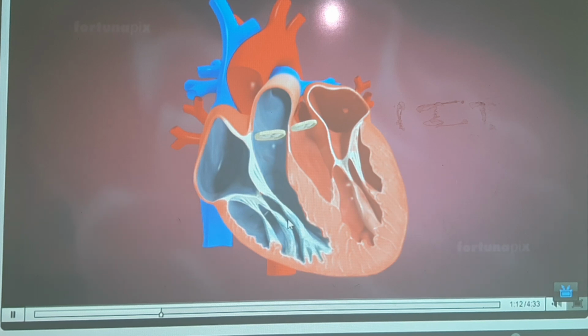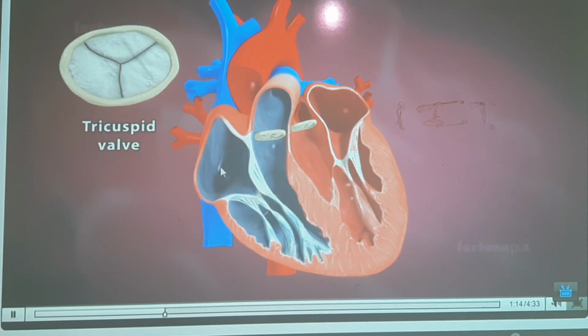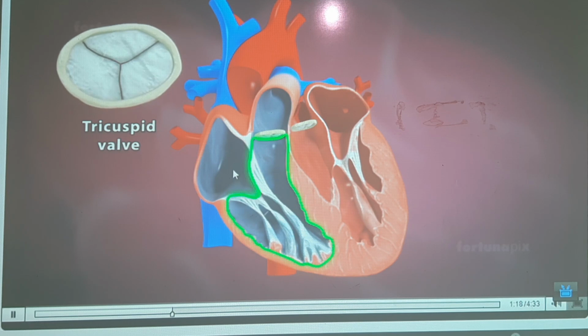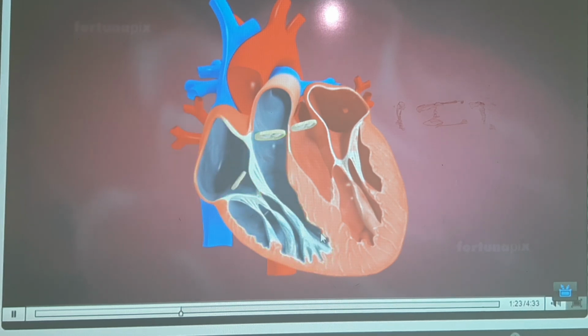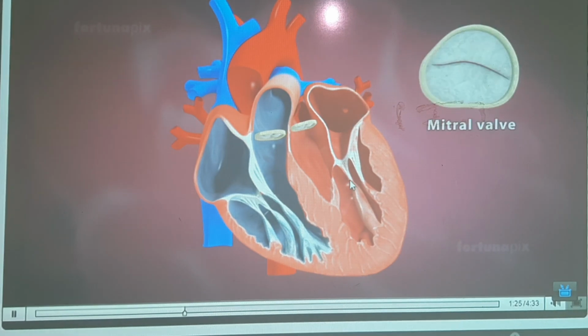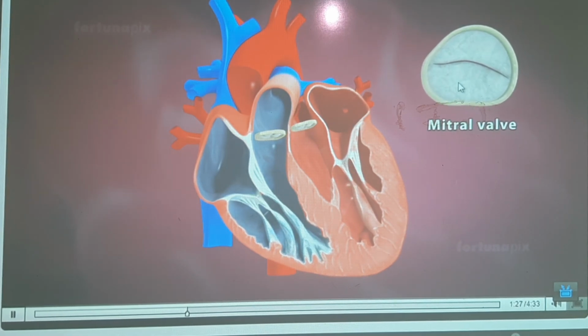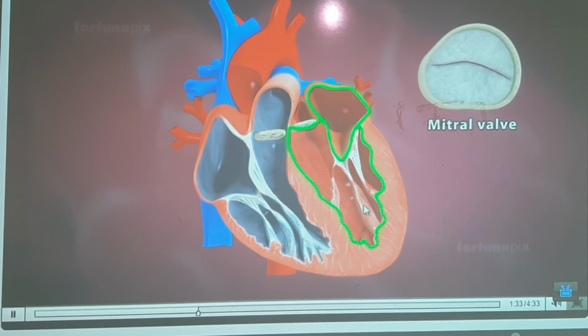And you know that this is the tricuspid valve, present between the right atrium and the right ventricle, and this is the bicuspid valve or mitral valve, seen between the left atrium and the left ventricle.